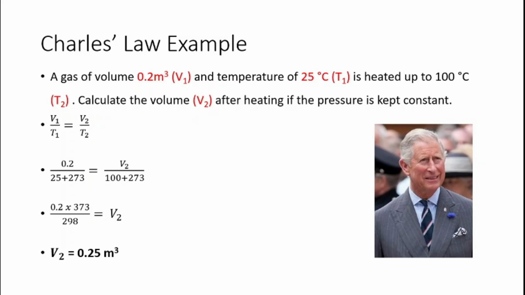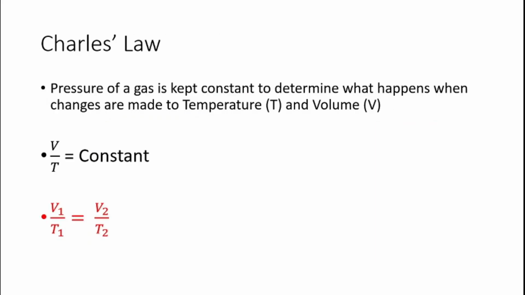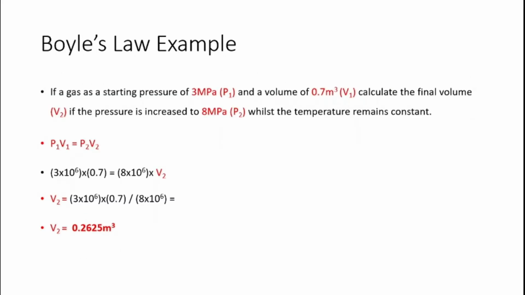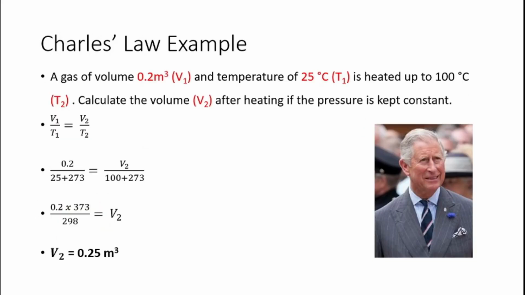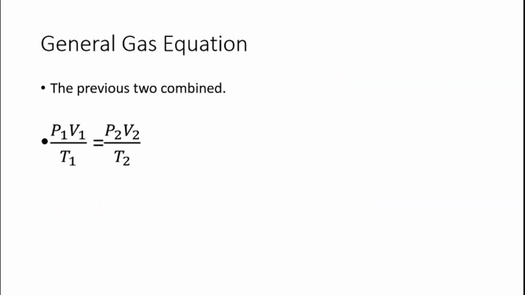So really it's V1 over T1 equals V2 over T2, and P1 V1 equals P2 V2, all together. So the general gas equation is them all combined. So that's the one you can just remember really: P1 V1 over T1 equals P2 V2 over T2.